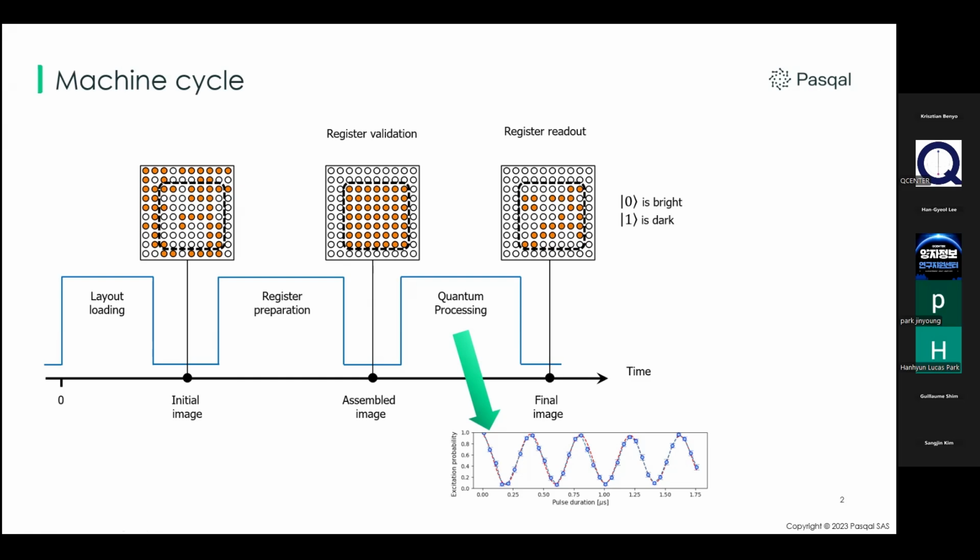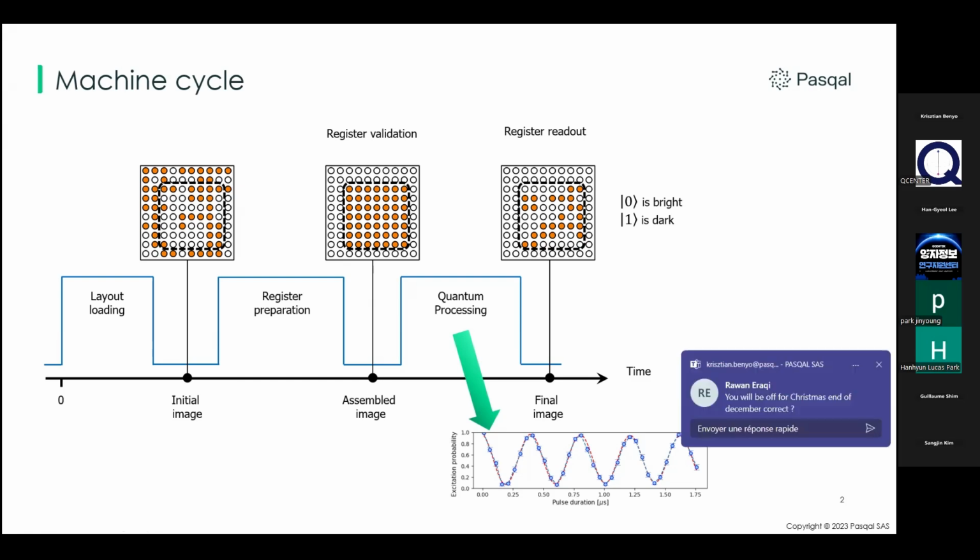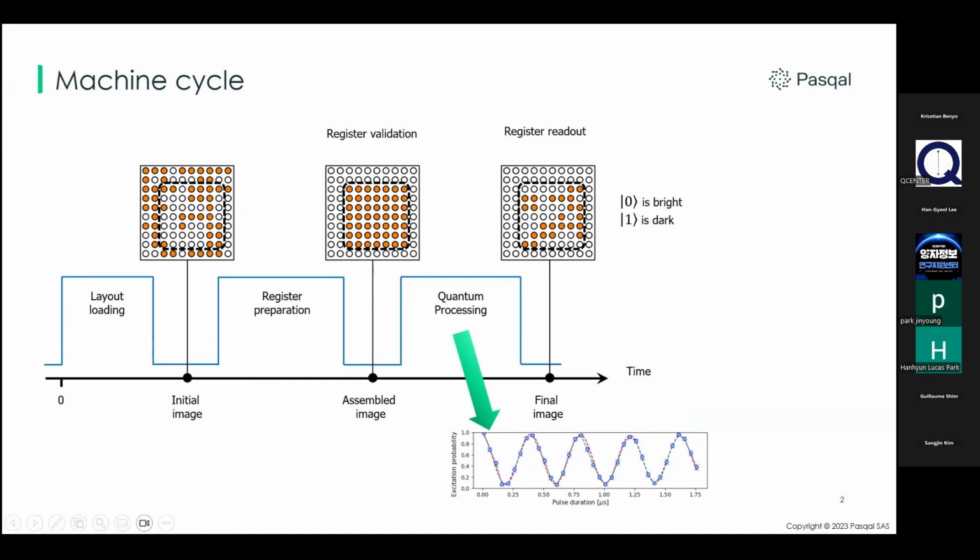In the fluorescent imaging, when you measure the photons, you can only detect atoms that are still in the trap itself. So you will measure the photons emitted from atoms that are in the trap.